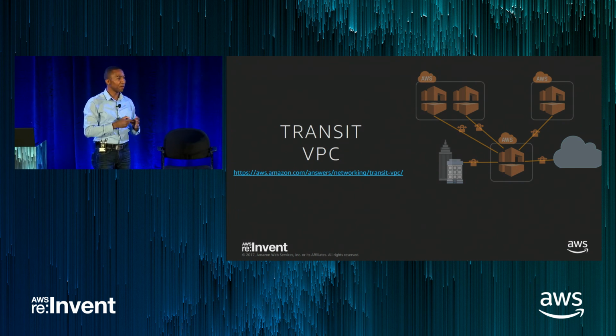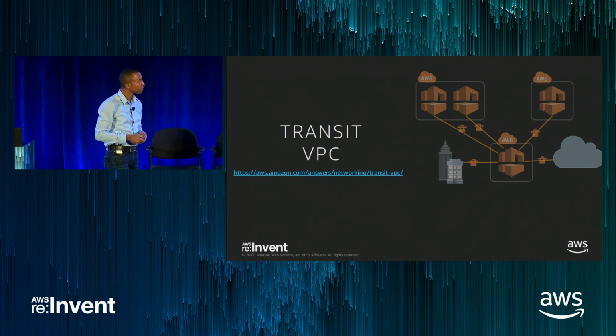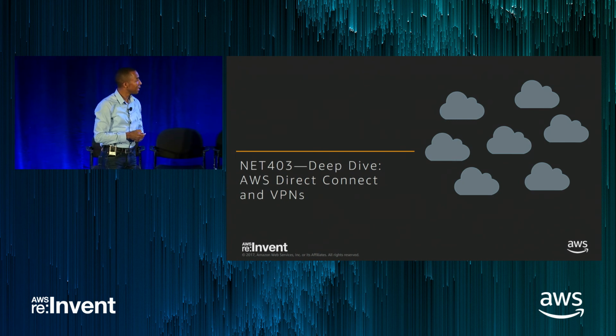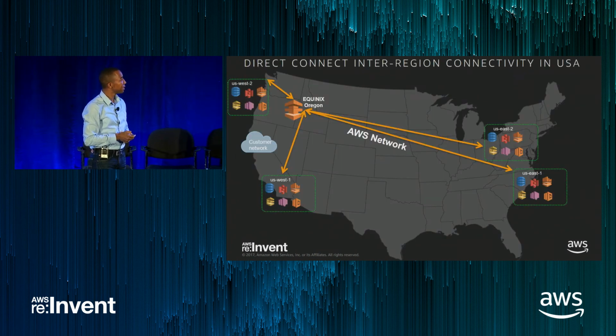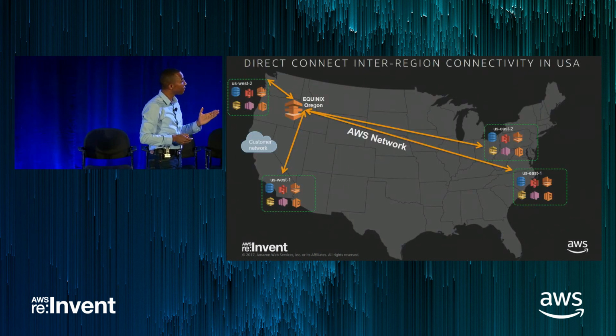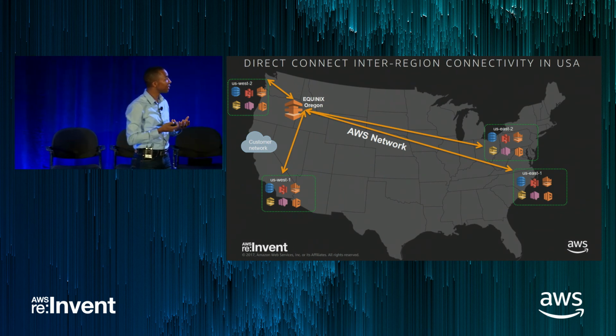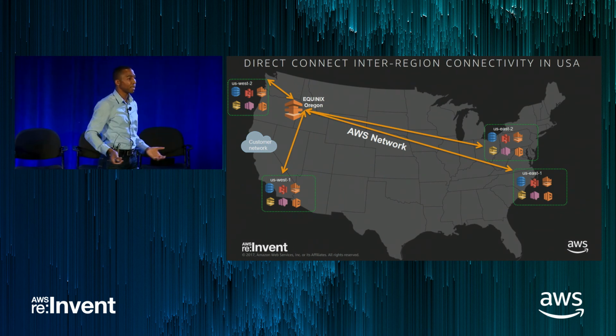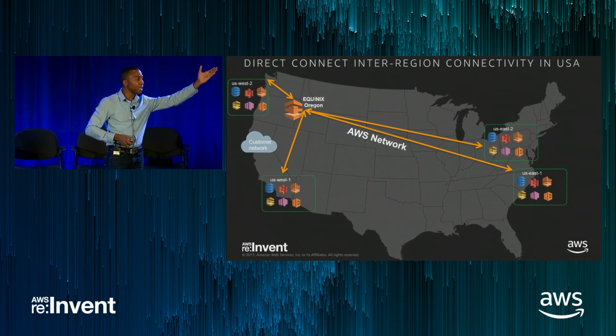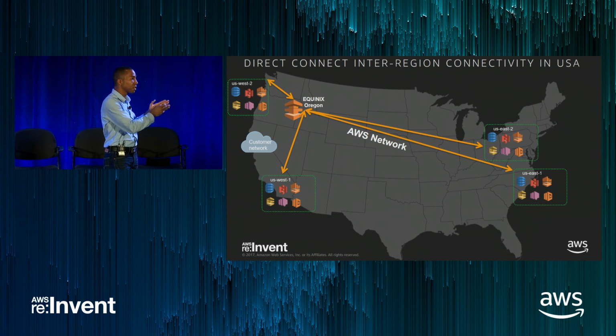How have we simplified that? Once upon a time, you could create a virtual public interface using Direct Connect to any region inside the United States, which means I could connect to S3 even if my Direct Connect public virtual interface was created in Oregon. I could access all public services within the United States.